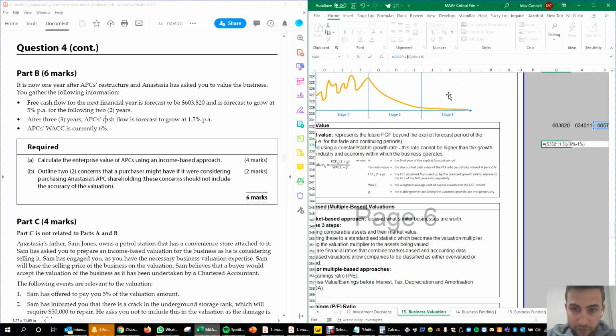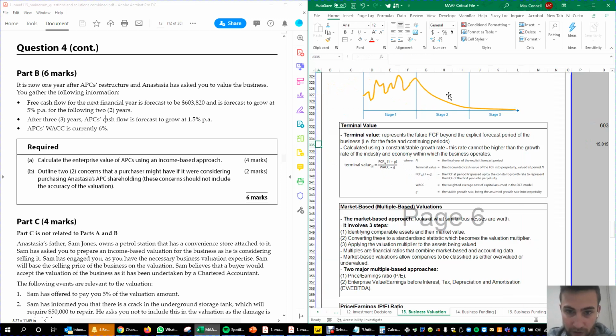Let me just make sure I've got this right. Just be really careful on the exam. Just double check everything. Divide by 6. Oh, and that 1% should actually be 1.5%. Sorry, not 1%. So let's have a look. 15,01494. Okay, cool. So that's how we calculate the enterprise value using an income-based approach.